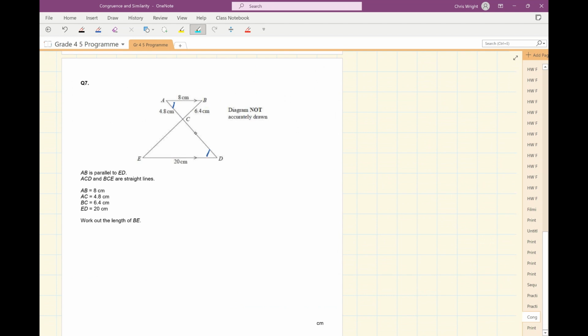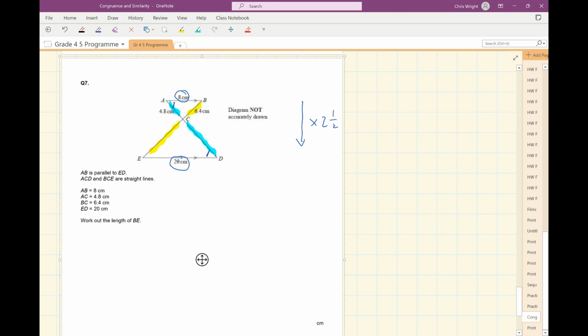So this side corresponds to that side, and this side corresponds to that side. Now, if you're okay with that, then you're doing well. Now I can work out that the 8 corresponds to the 20. So from smaller to larger, I'm multiplying by 20 divided by 8, 2.5.